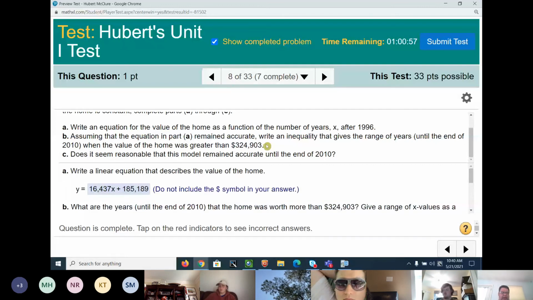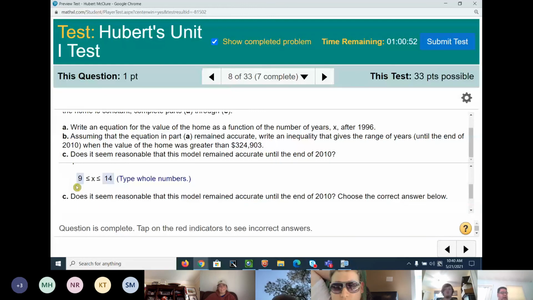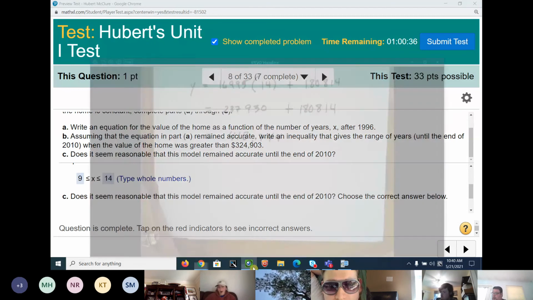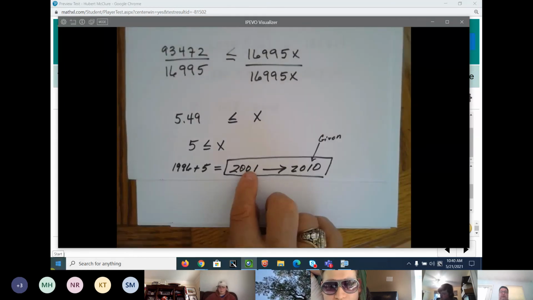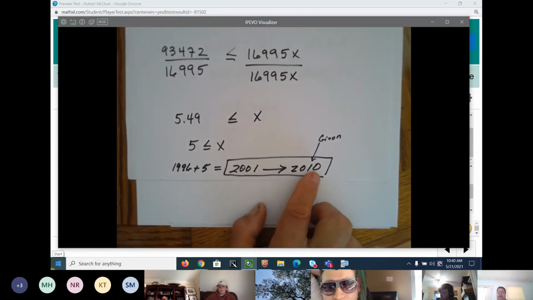Now, be careful right here. They don't want 2001 to 2010. They just want the number of years. So in our case, that would be 5 to 14. So let me make that note for you. Right here, they don't want 2001 to 2010.